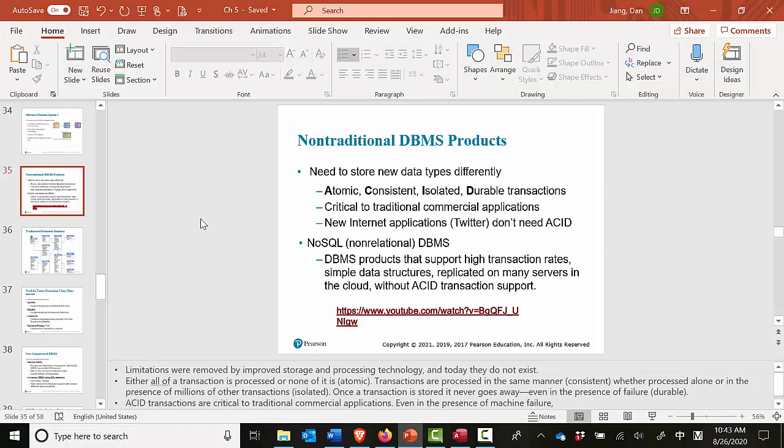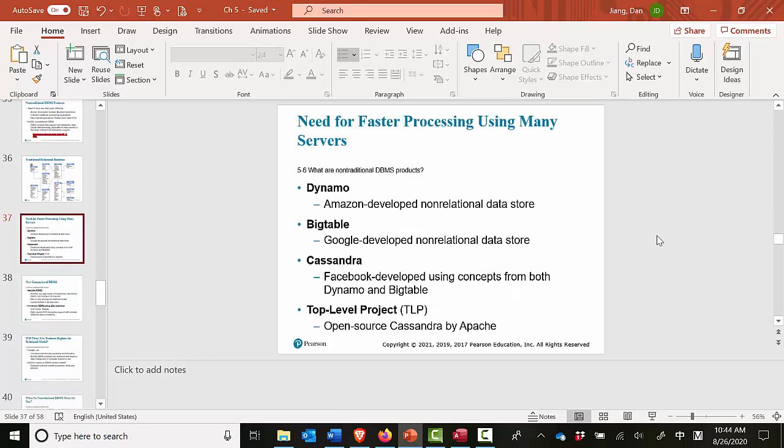That's why many companies starting to develop those non-traditional DBMS products such as NoSQL DBMS that support high transaction rates, simple data structures, replicated on many servers in the cloud. Those are the examples of the non-traditional DBMS, such as Dynamo, which is developed by Amazon, and Bigtable, which was developed by Google, and Cassandra, which was used by Facebook.